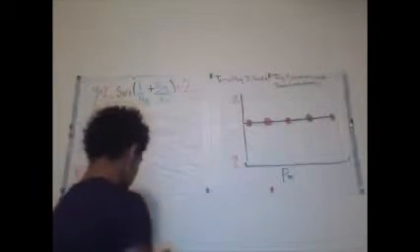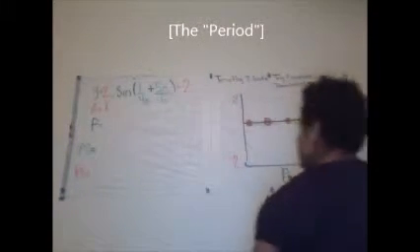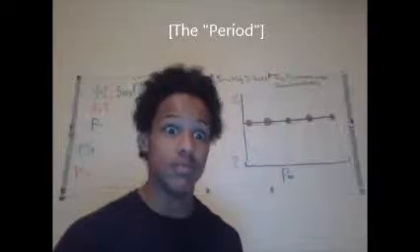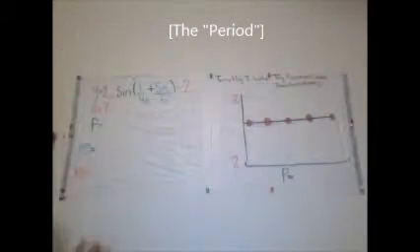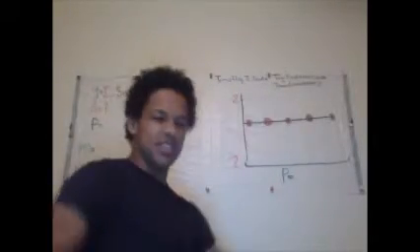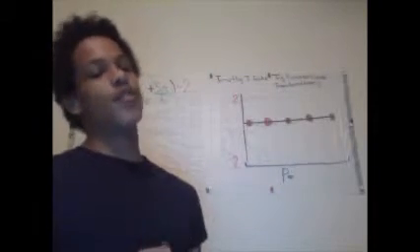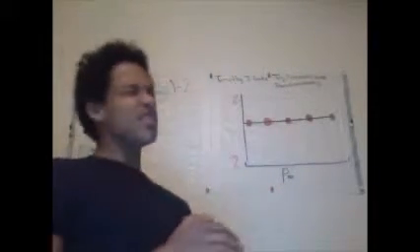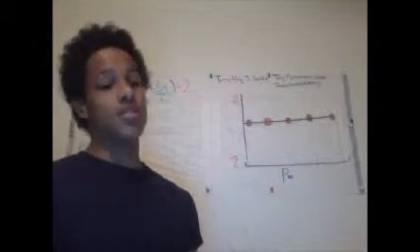Okay, so now the next thing we're going to be looking at is called the period. The period is also the speed of the graph. What's the speed of the graph? Oh no. Well, there's a formula to find this. What's the formula? Please tell me. I will tell you, okay?